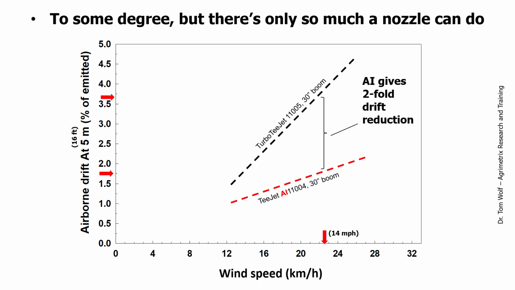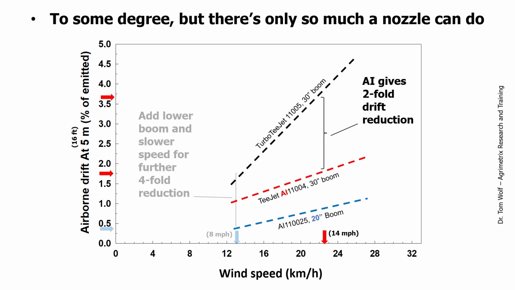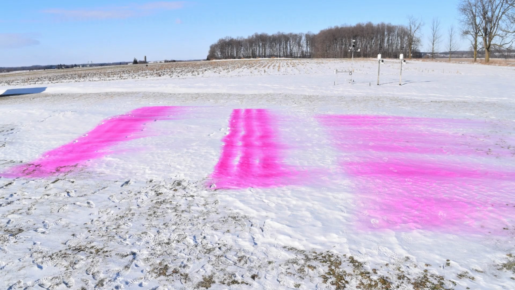That's pretty amazing, just in changing to a larger droplet. If we also drop the boom by 20% and slow down, at 8 miles an hour, now it's a fourfold reduction in drift. So they work hand in hand. Slowing down, dropping the boom, slightly larger droplet: big savings in drift, and much better coverage.